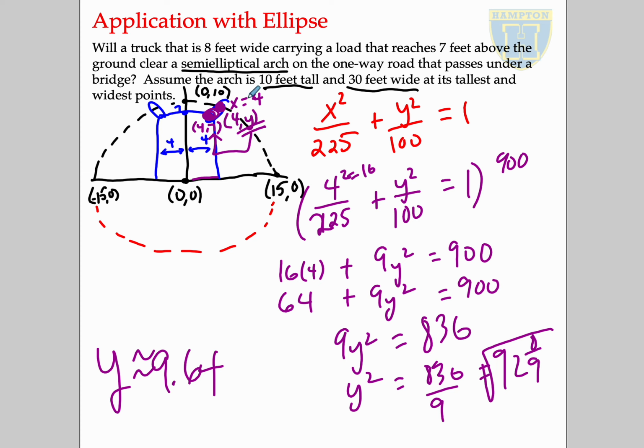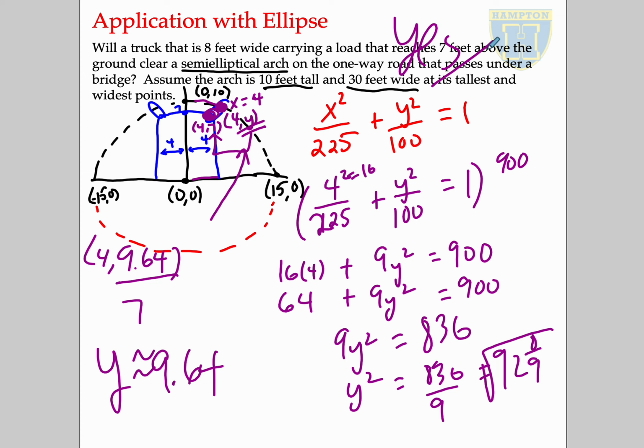So an x-coordinate of 4 corresponds to a y-coordinate of about 9.64, meaning 4 feet to the right on the semi-elliptical arch is about 9 feet off the ground. The truck is only 7 feet off the ground, so we can be assured that yes, the truck will fit inside that space.